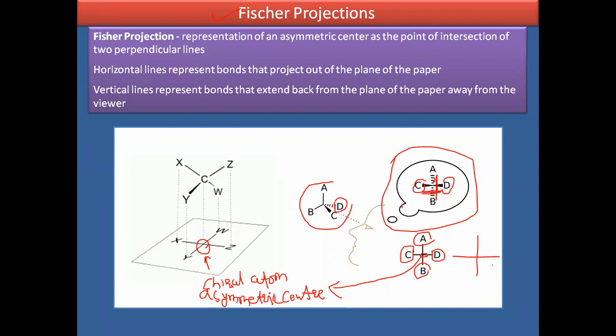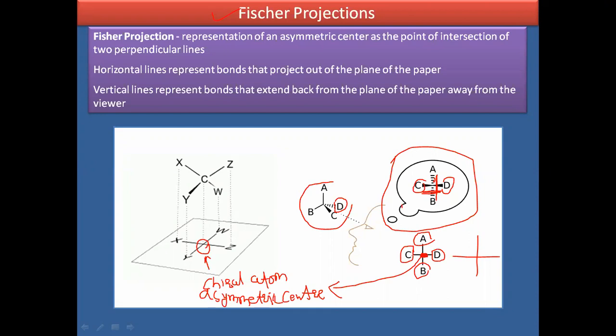Whereas the atoms present on the vertical lines in the structures extend back from the plane of the paper. It means these vertical line groups are away from the observer, whereas the asymmetric center lies in the plane of the paper.